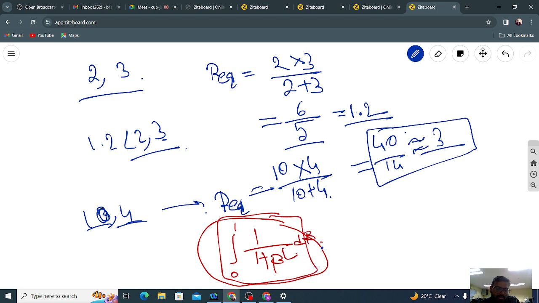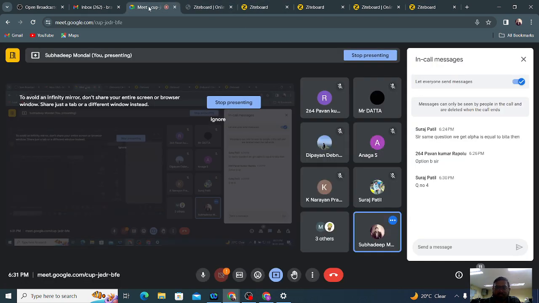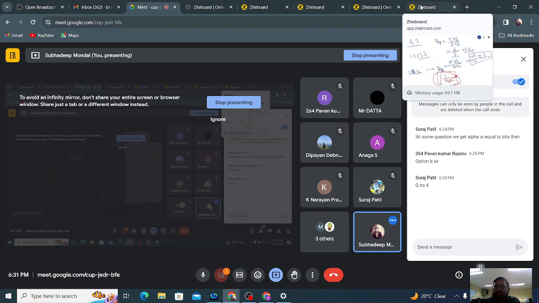If it is d beta, the answer will be the same, pi by 4, if it is 1 by 1 plus beta square. I think it is clear for you.